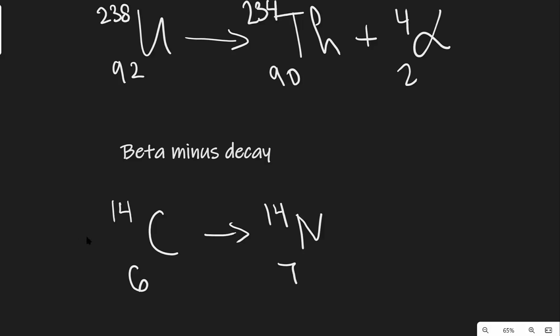So for instance, the relative charge here is plus 6 on the left hand side, however on the right hand side it is plus 7. So the only way we can do that is if we have a beta particle come out as well, and this beta particle is actually a simple electron which has a relative charge of -1, nucleon number of 0. And our equation is balanced.